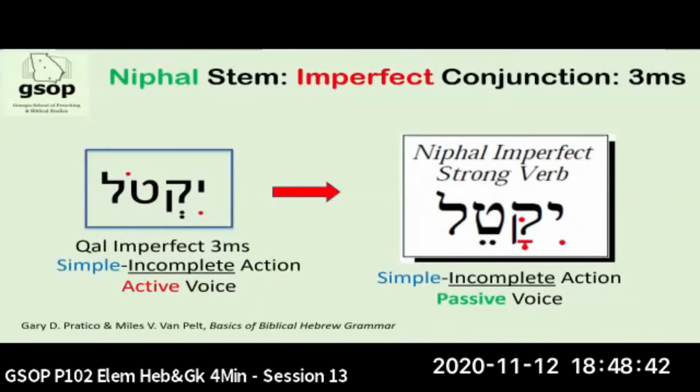And then if you go to the imperfect, which we looked at last week, the call imperfect third masculine is also simple, but it's an incomplete action with an active voice. And the nifal imperfect is also simple, but incomplete action, and it's a passive voice.